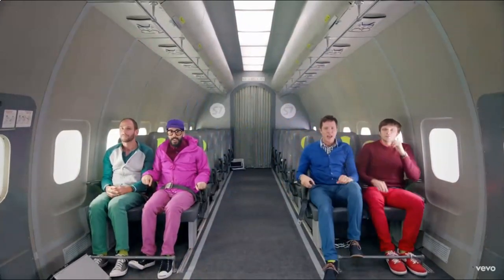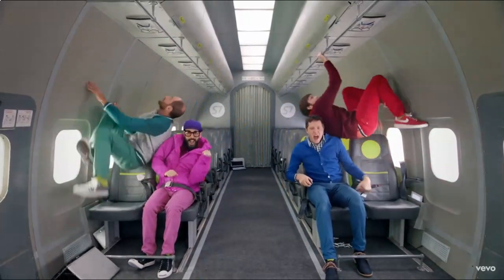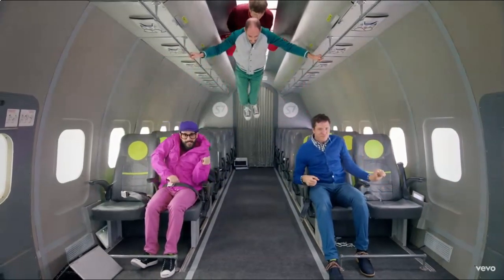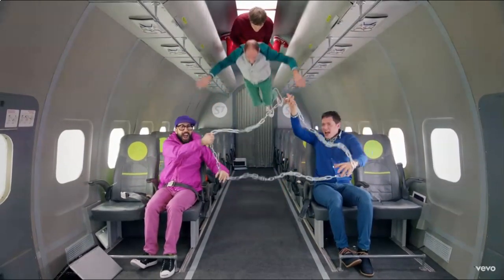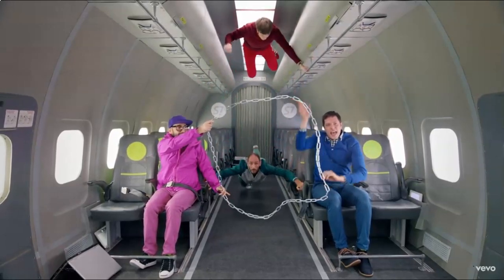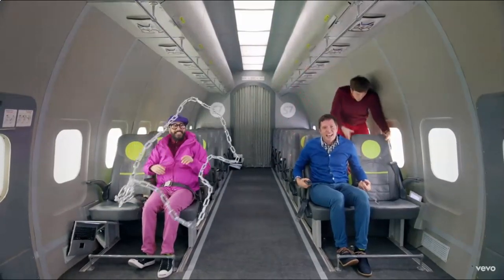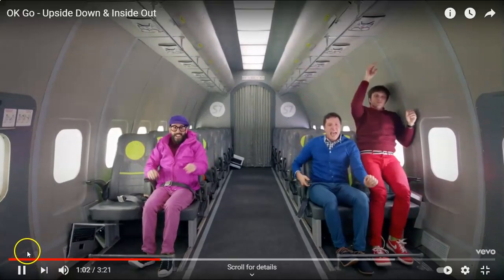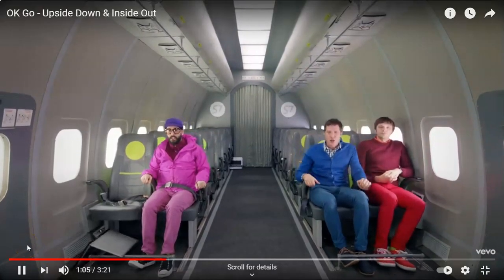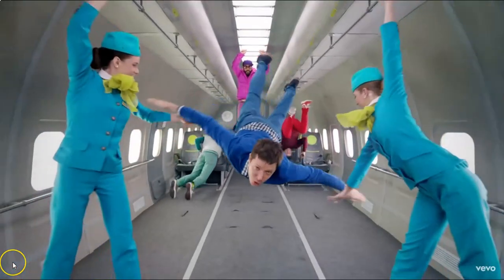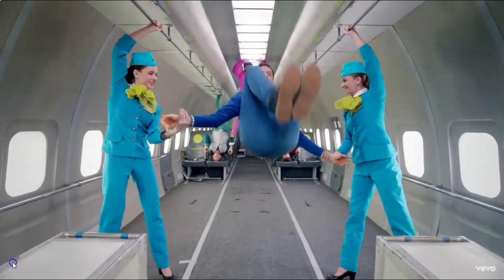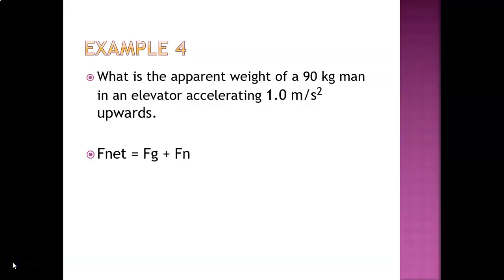Not that it's actually weightless in this plane, it is falling. However, they're falling at the same rate as the plane, and so you get all sorts of neat little effects, and that's weightlessness. If you want to watch the whole video, you're going to have to go look at it on YouTube.